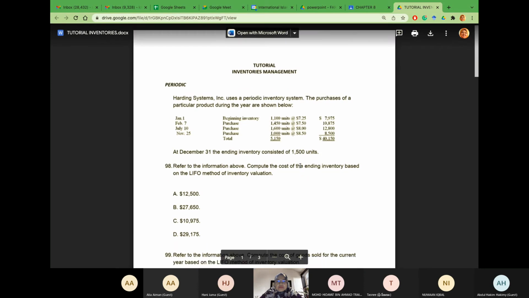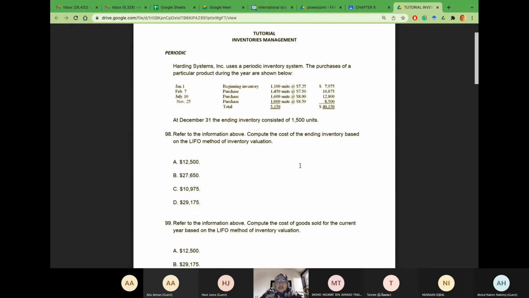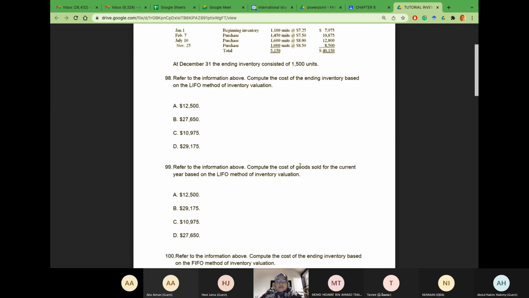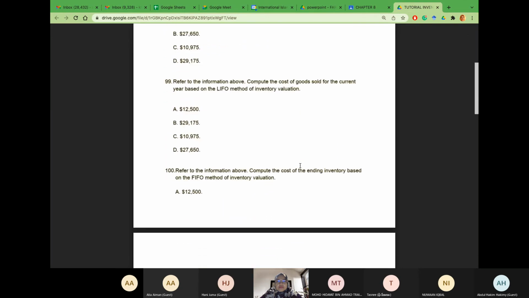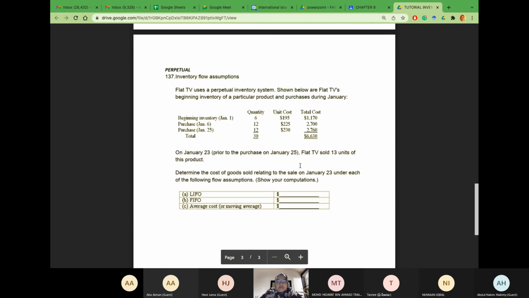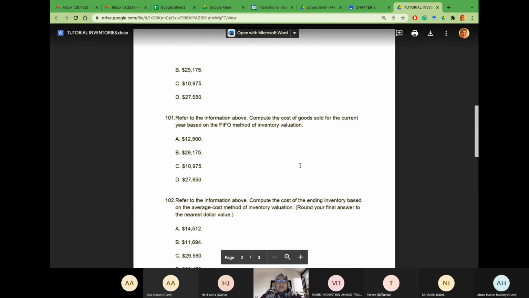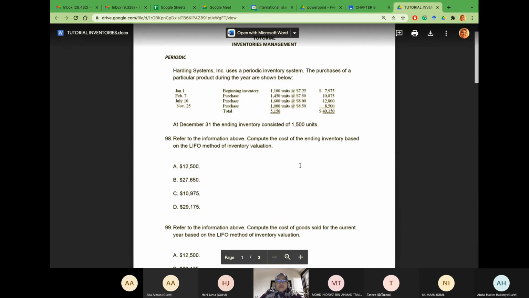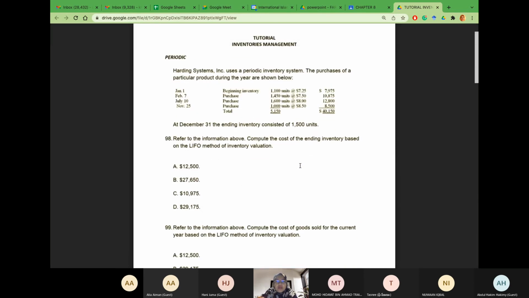I have a tutorial on inventories. Okay, this is good. I want you to do this first, and I want you to submit this tutorial to me as your group exercise.